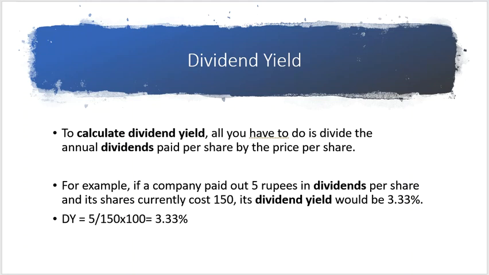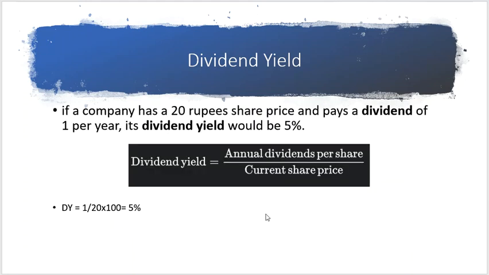For example, if a company paid out 5 rupees in dividends per share and its share currently costs 150 rupees, its dividend yield would come around 3.33%, and the calculation of dividend yield is given below. Okay, let's move on to the next slide. It will become clearer when we see how we are calculating this.